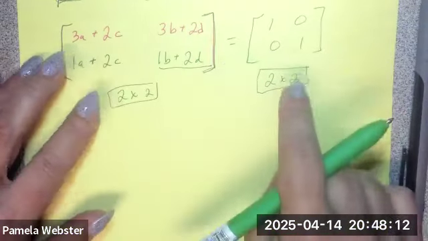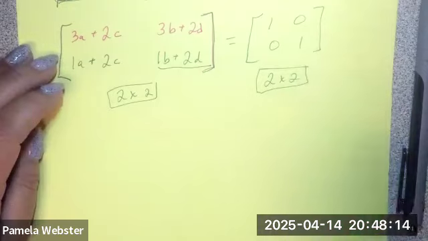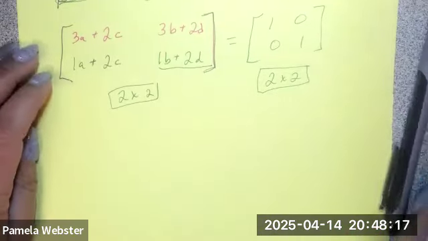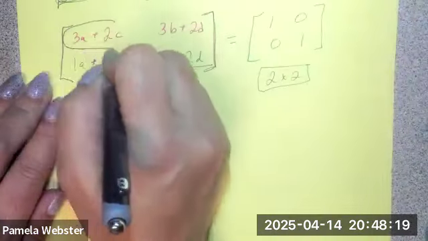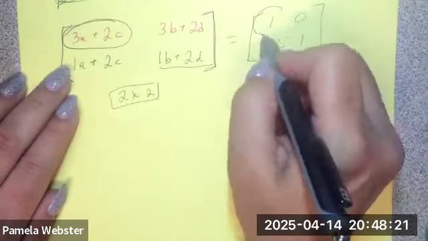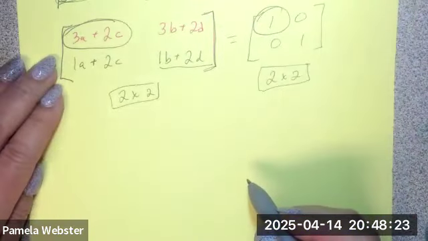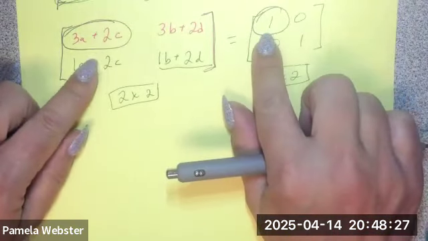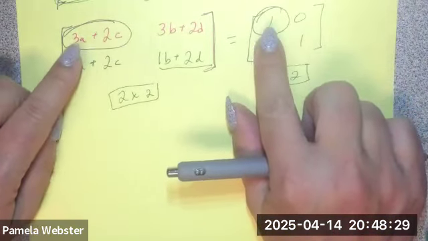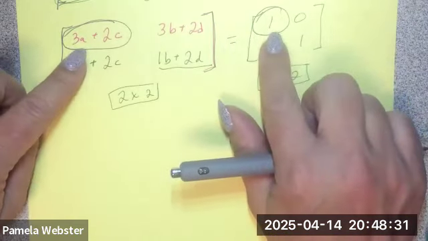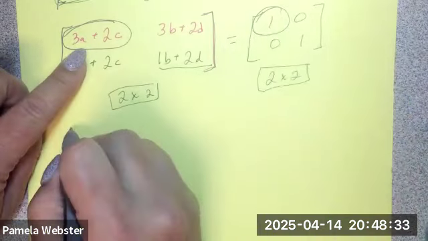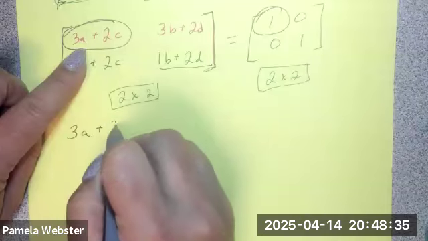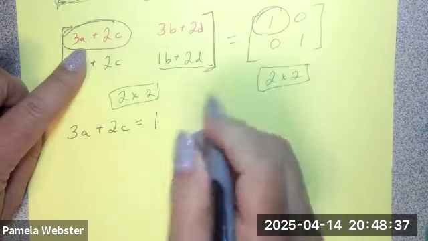So what I know is the entry in the first row, first column here is equal to the entry in the first row, first column there. Does everybody agree with that? They're in corresponding positions, so there's an equal sign. They must be equal. So what I've got here is a little equation: 3A plus 2C equals 1.